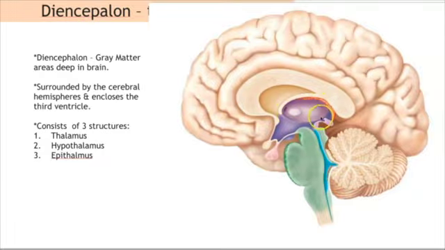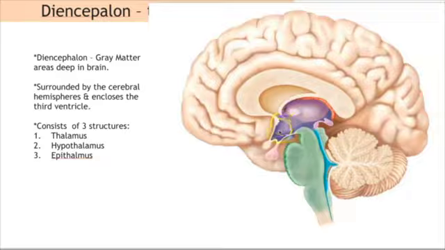This lighter purple area right here is actually a mass-like structure. This is the thalamus. Now, there is going to be a thalamus on both sides in each cerebral hemisphere, and they are going to be connected by this structure. This is called the interthalamic adhesion. So you need to know that interthalamic adhesion.